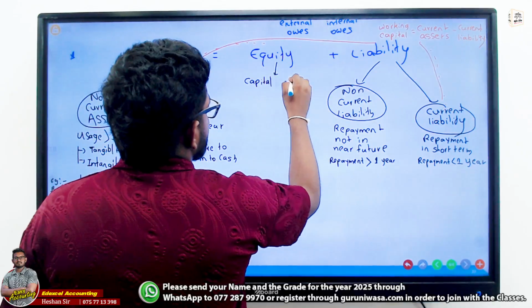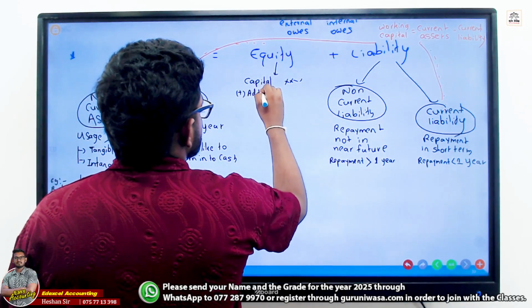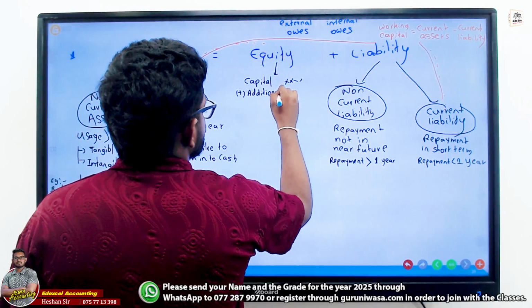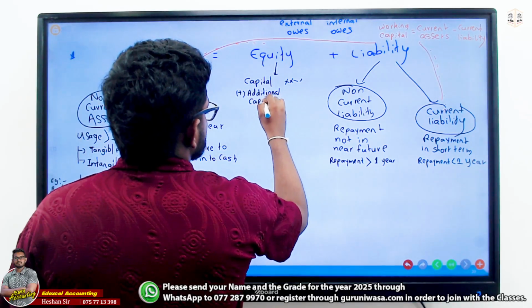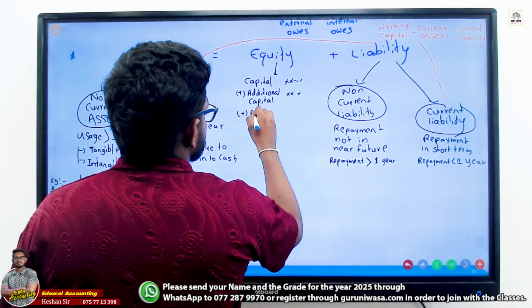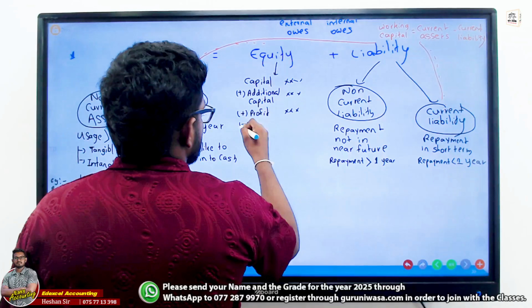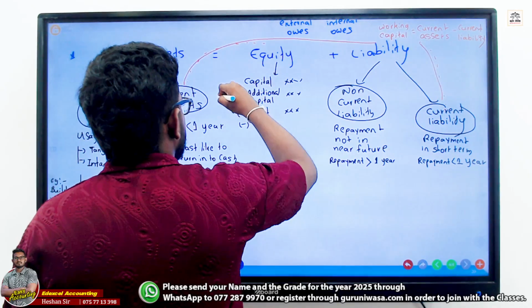To that, we add additional capital and profit, and profit we calculate through the income statement.